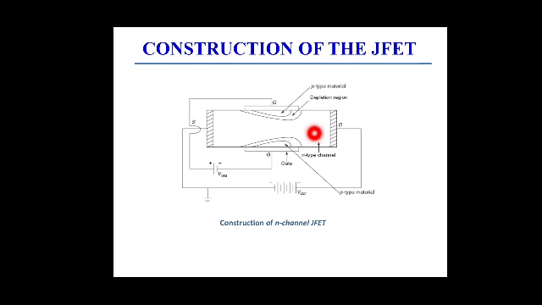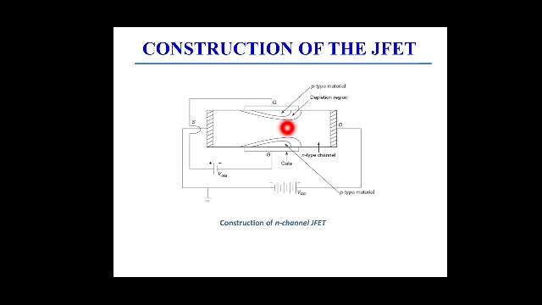When you dope it with pentavalent impurities, it becomes an N-type channel or N-type semiconductor. The doping concentration of this N-type channel is medium.